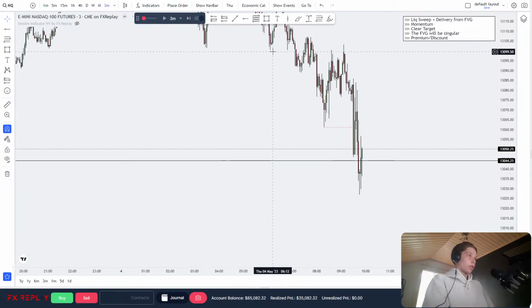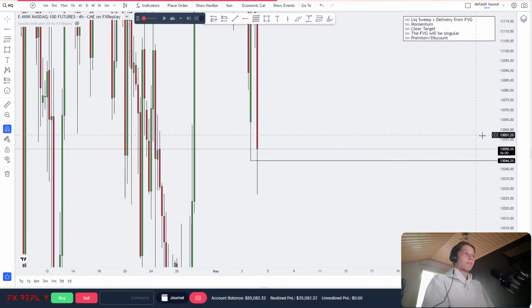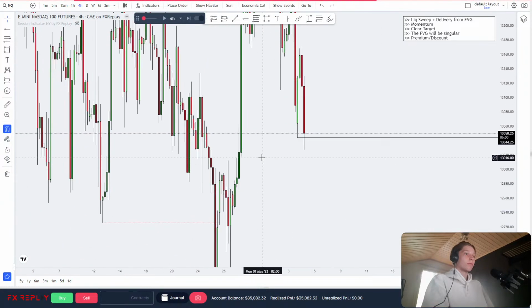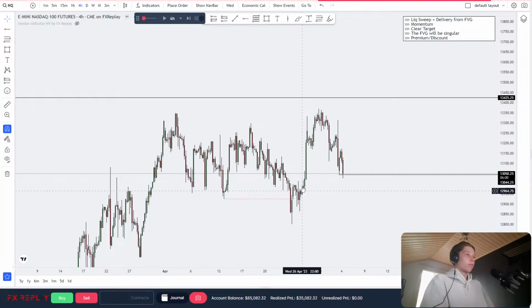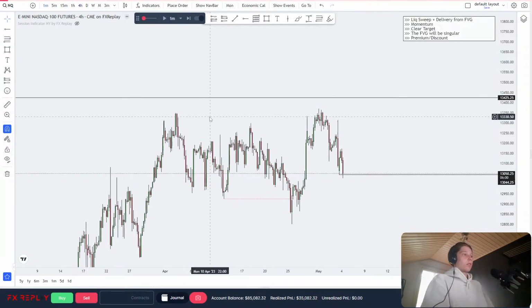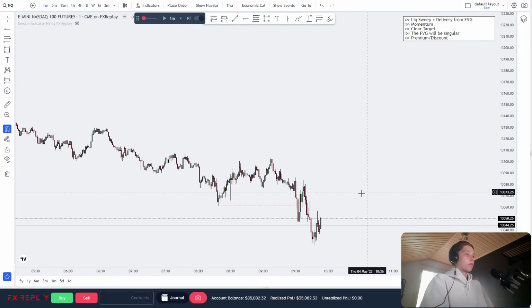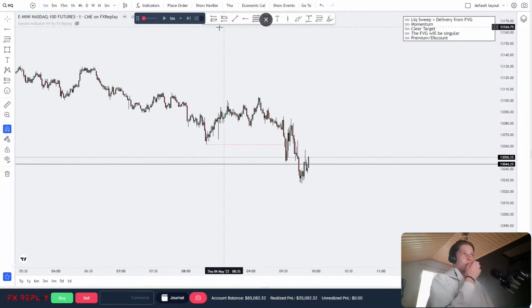Could there be a long position? I mean, technically speaking, this is this kind of 4-hour leg, but that could be trading against the trend, I would say.